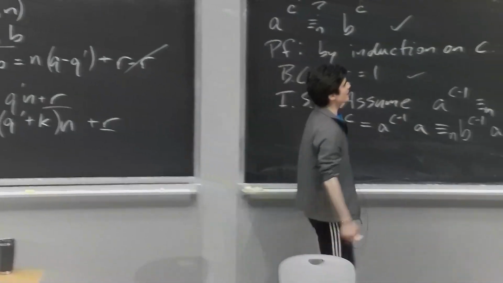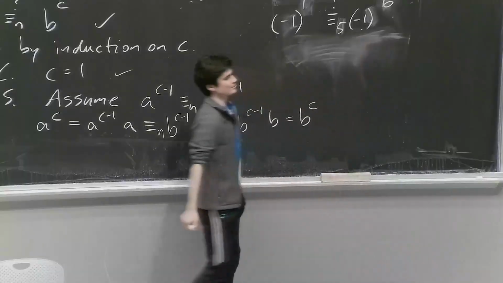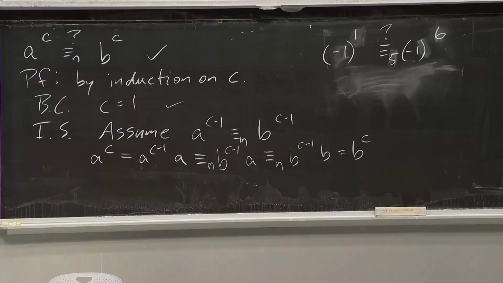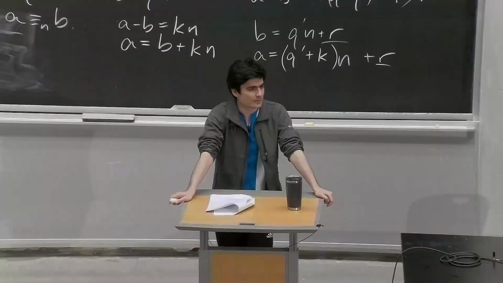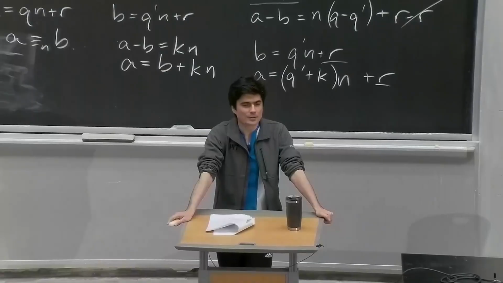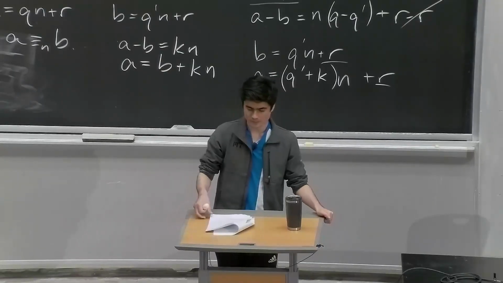It is not the case that minus 1 to the 1 is congruent mod 5 to minus 1 to the 6. The left-hand side is minus 1, the right-hand side is positive 1. So when exponentiating, we have to be careful. We are allowed to replace the bases of exponents. We're not allowed to replace the exponents themselves.